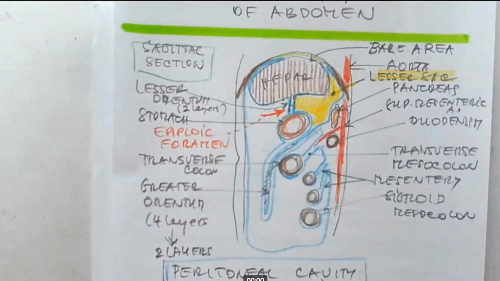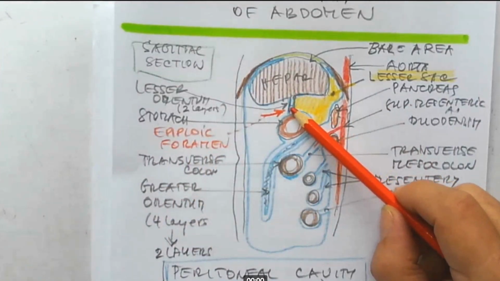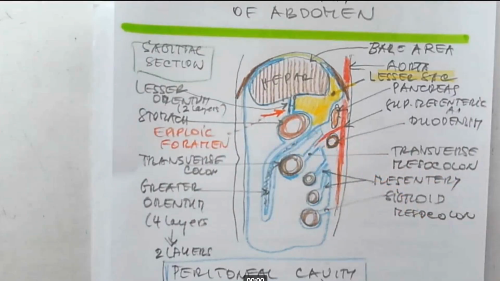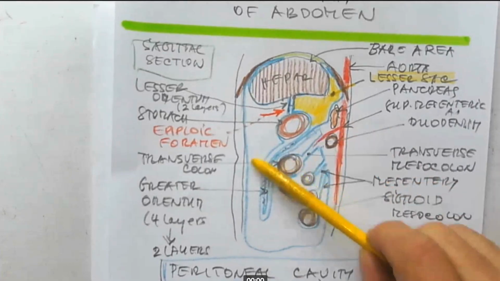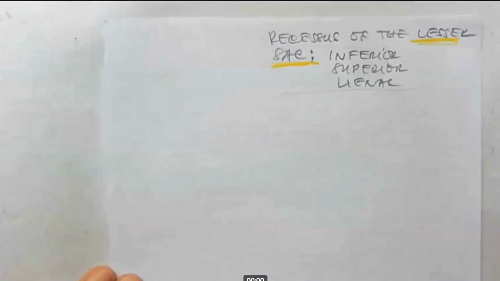This epiploic foramen is the opening which lies behind the lesser omentum, dorsally, posteriorly, and the size is like an index finger or even the size of the thumb. In case this opening is larger, also loops of small intestine could be pushed inside, and then we call it internal hernia. So don't worry, I will put it here.